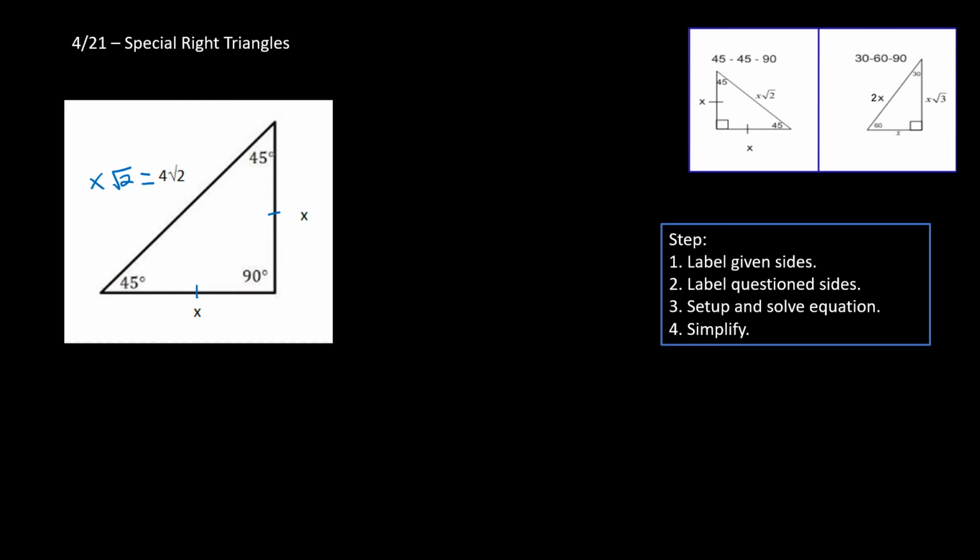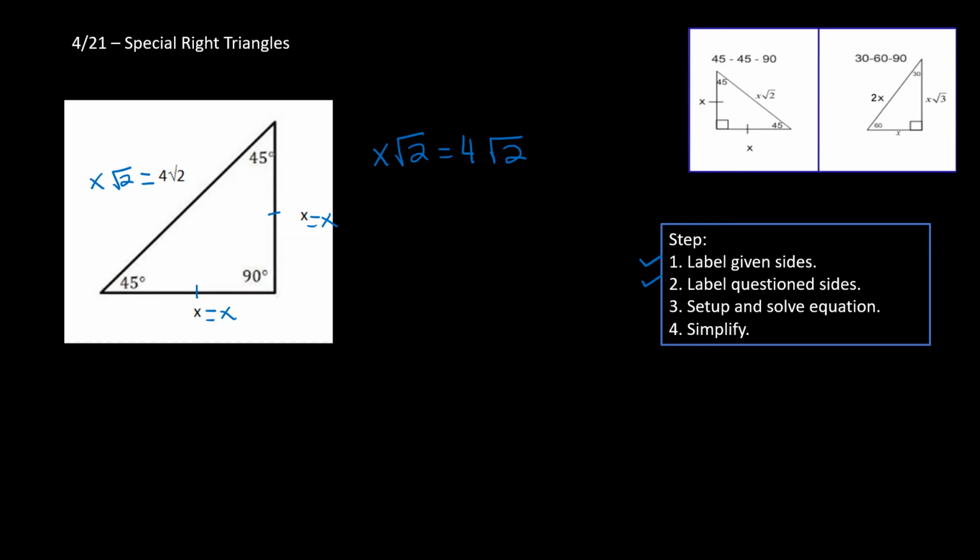We want to label our question sides, where we know that x has to equal our x value. The same thing here. This tells us that we're solving for x. So we labeled our sides, we labeled our question sides, and now we've got to work at the setup. This is our setup here, and we're going to say x square root of 2 is equal to 4 square root of 2. Very cool.